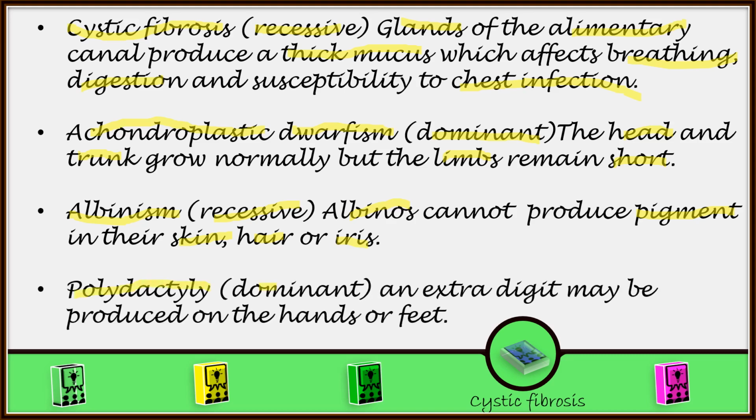Polydactyly is dominant, where an extra digit may be produced on the hands or feet. So these are some of the conditions which are controlled by a single gene. They mainly result in defects.